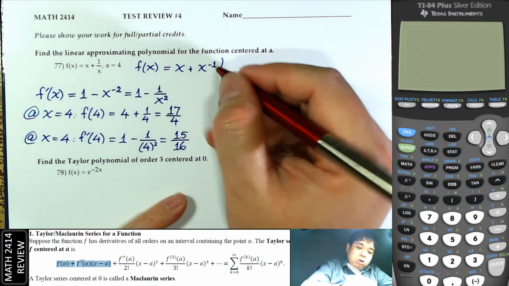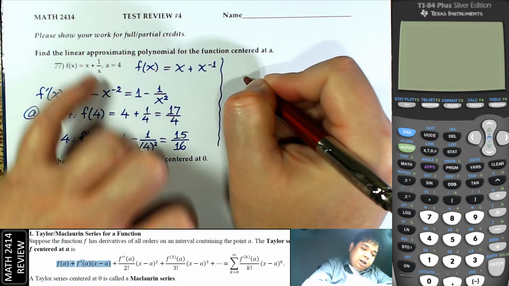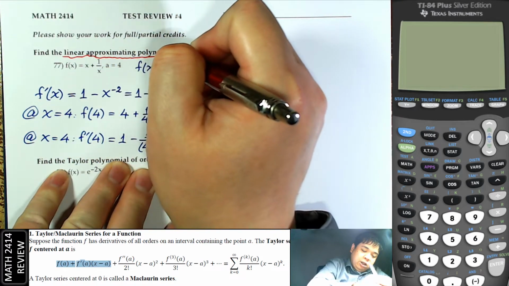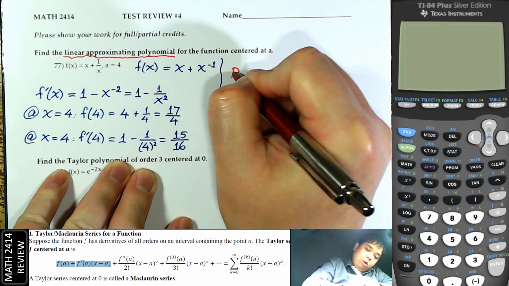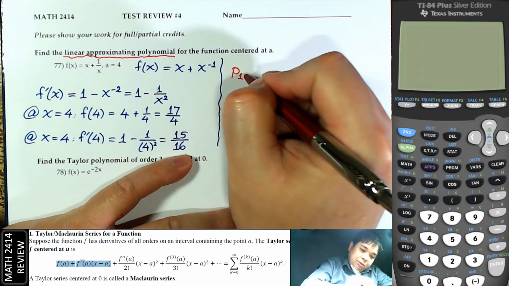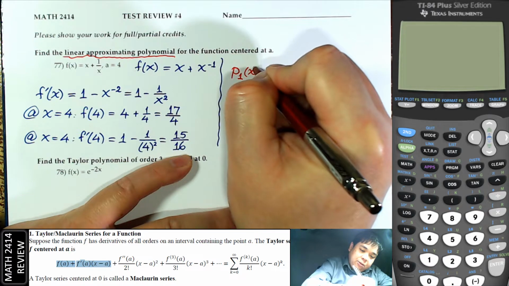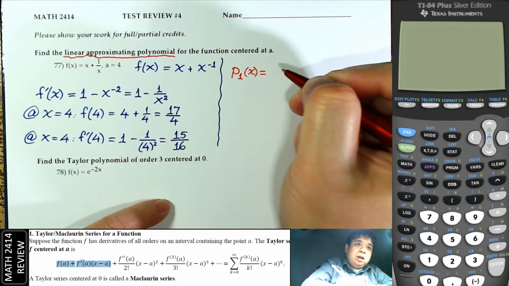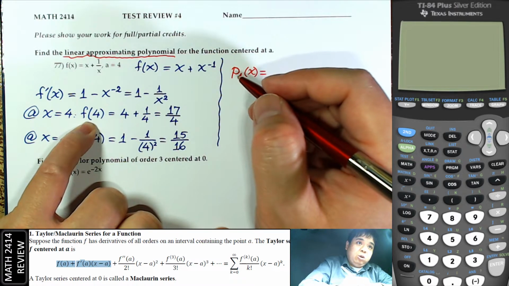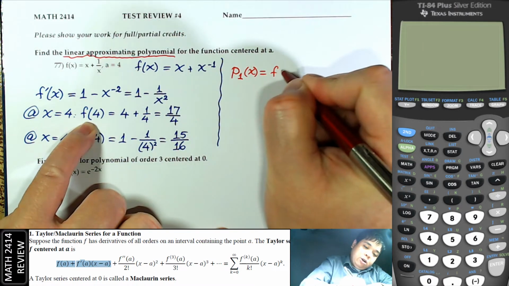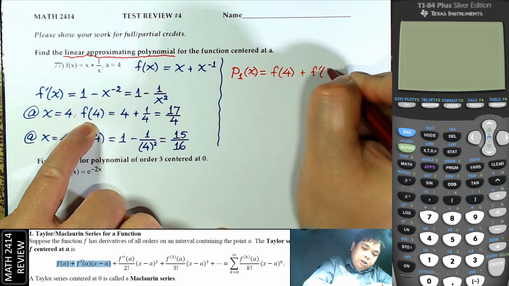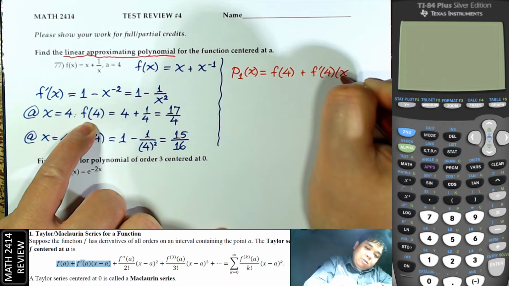And the linear approximation, we want the linear polynomial, meaning that this is the polynomial of degree 1. And the formula I said is over there. When a is equal to 4, we have f of 4 plus the derivative at 4 times x minus 4.